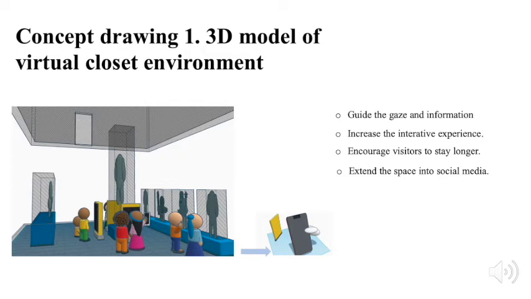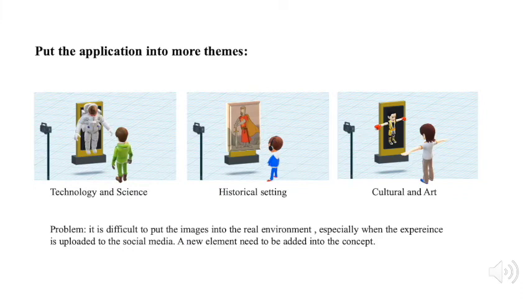By involving this sharing on social media function, the relatively small space of the physical environment is extended to the internet. We can put the application into more themes. Besides the historical settings in the museum, we can also use it in technology and science museums, and also cultural and art museums when the context is needed.